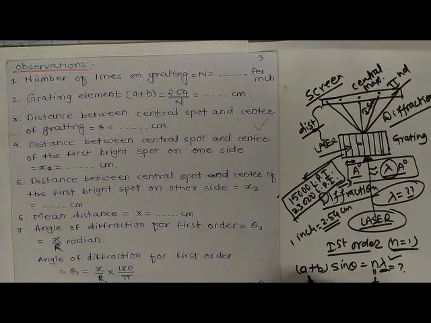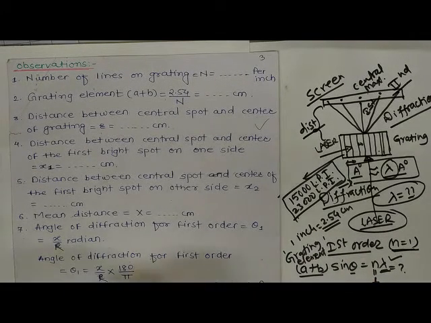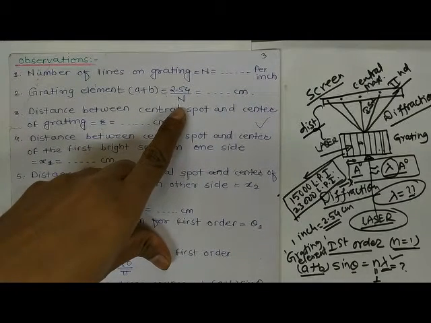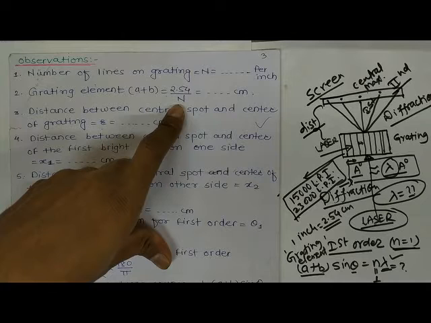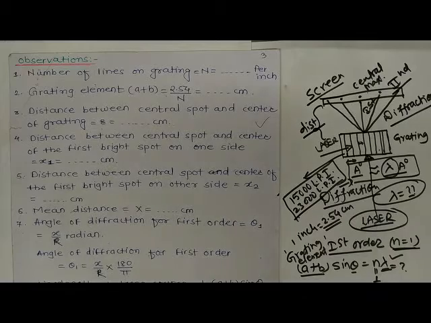Then what remains is only a plus b and theta. a plus b is called the grating element, or the pitch of the grating. And how to find that? Simply 2.54, the conversion of 1 inch into centimeter, divided by the total number of lines, whether 15,000 or 23,000 as you see on the grating. That will be the grating element.